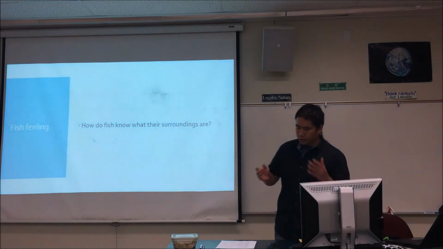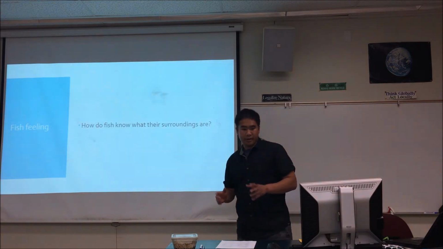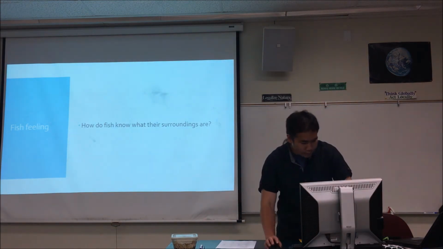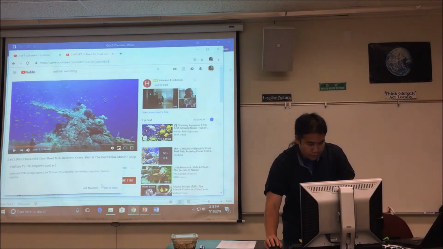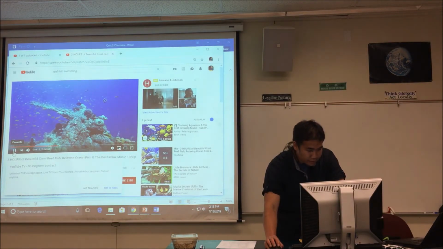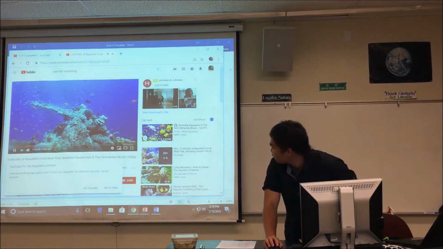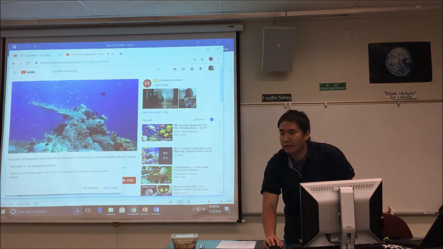I just found this really cool video of reef fish swimming around. Let's look at this video for a second. Look at all these fish. There are hundreds of fish around this one structure, swimming in and out of it. None of these fish bump into each other. None of them crash, right?